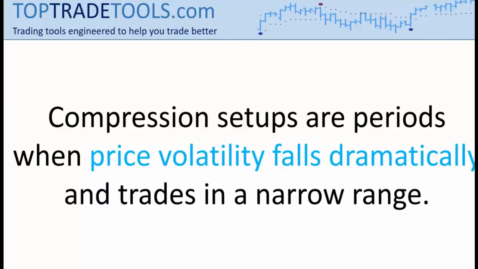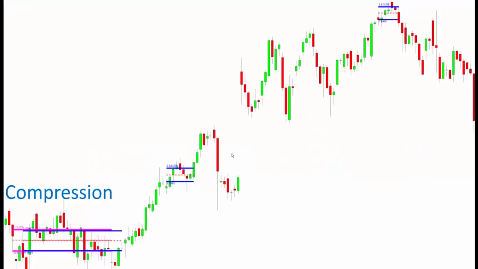So we're looking for a brief stalemate period where it's not caused obviously by a night session that's slow in Asia. It's caused by more or less a high pressure situation where buyers and sellers are facing off, and they're essentially about equal in strength until one of them breaks out and gets the better of the other one. So that's what we're looking for when we talk about compression strategies.